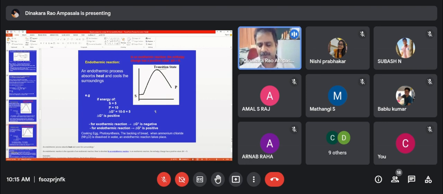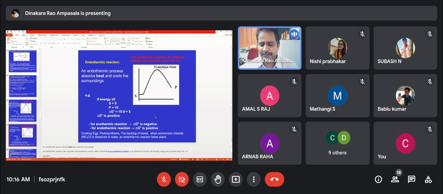Those are all called coupled reactions. So reactions where ATP high energy molecules are cleaved, and then that energy is utilized in the main reaction to process that reaction. We are going to see many reactions in biological systems where ATP molecules are utilized to drive the reaction, and where ATP molecules are synthesized when a bond is broken and energy is released. In endothermic reactions, enthalpy is a positive value.